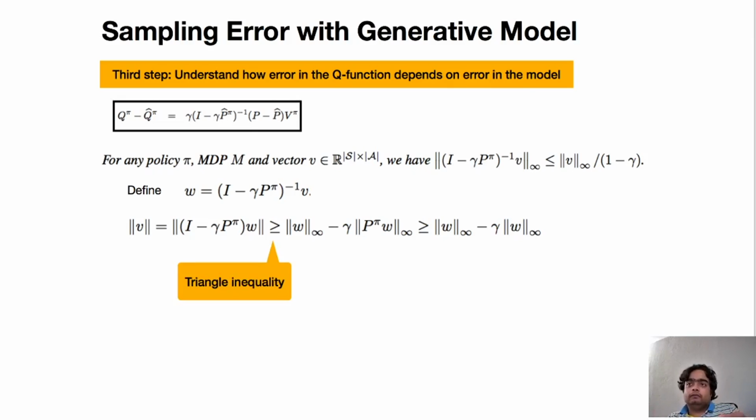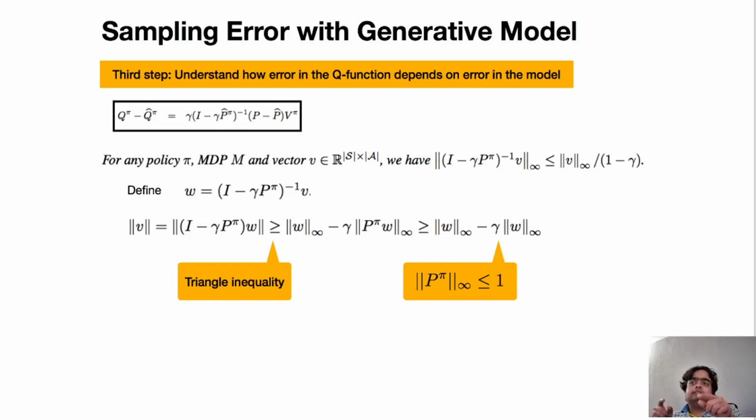which by triangle inequality is greater than or equal to the infinity norm of W minus gamma times the infinity norm of p pi W, because the triangle inequality says the norm of A minus B is at least norm of A minus norm of B. And finally, we note that p pi is a matrix of probabilities, so every entry is less than 1, and you can show that the infinity norm of p pi W is smaller than the infinity norm of W itself.